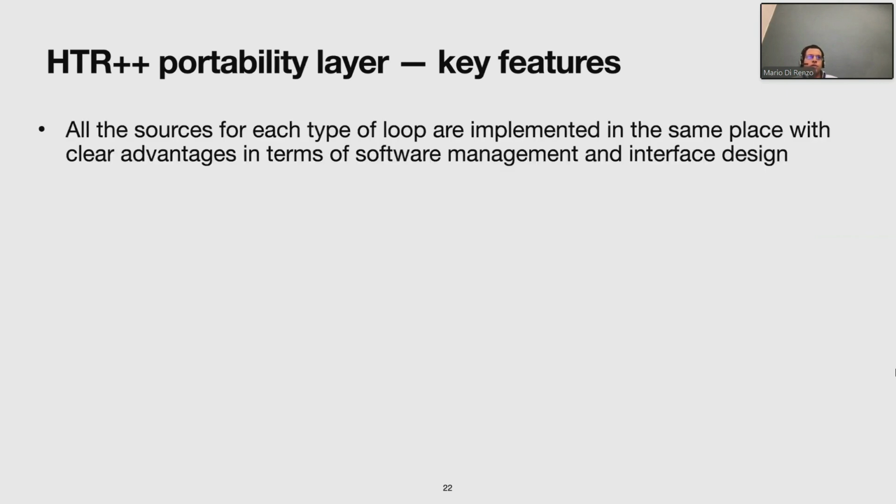So the key features of this portability layer are that all sources are implemented in the same place, and therefore it's easy to test and manage the entire source files. Again, most of the developers of HTR are only familiar with C++, so they have an easier life if they want to implement something quickly.